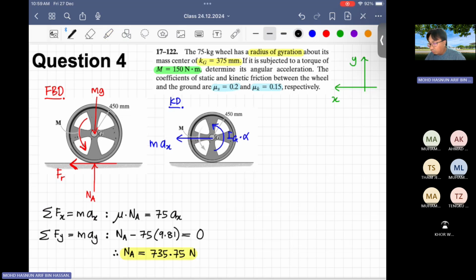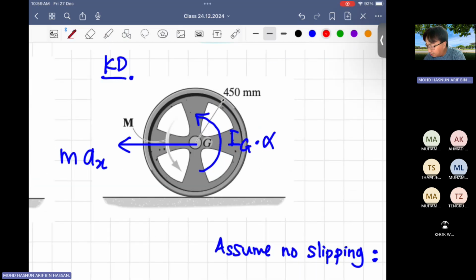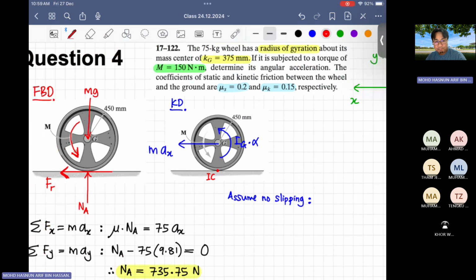And in this case, we assume that no slipping occurs. So first, assume no slipping. This is the first step. When we are unsure whether the object is slipping or not, we assume no slipping occurs. So when you assume no slipping occurs, it means that down here is the location of IC. Okay, this is only applicable if no slipping occurs. That is the location of IC.